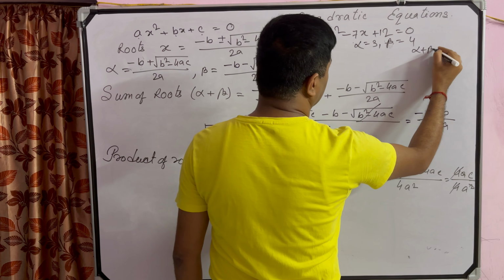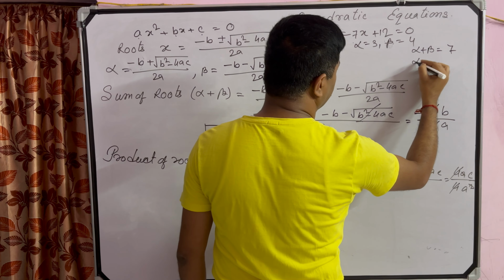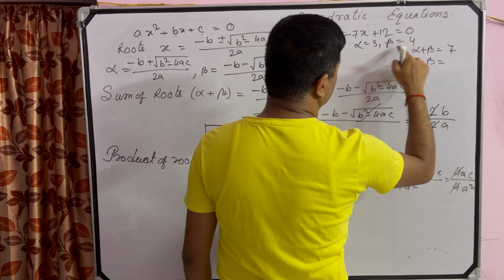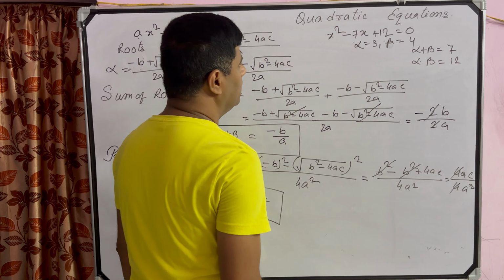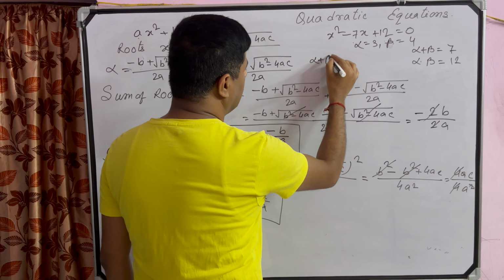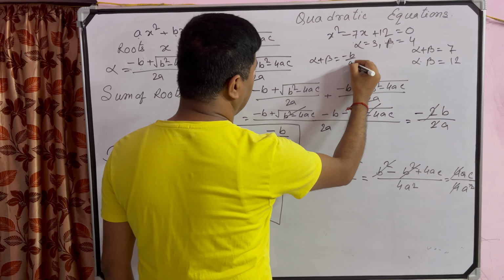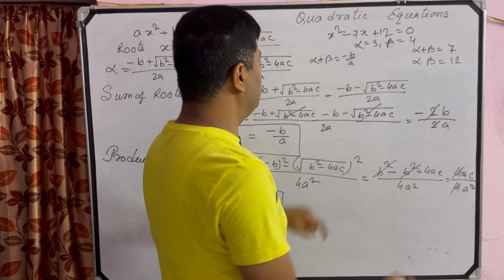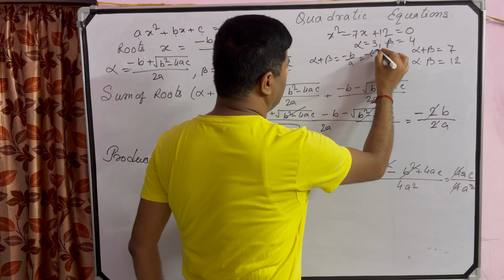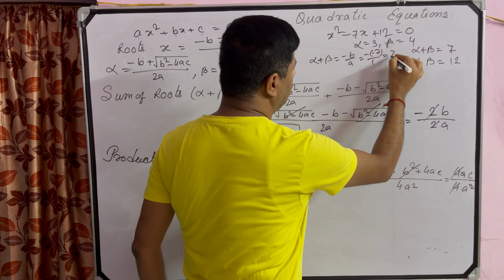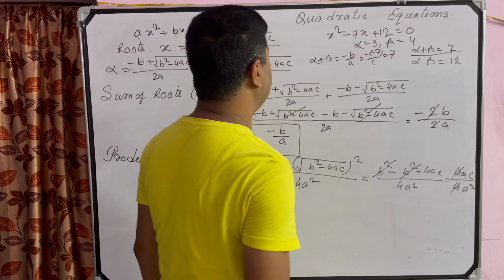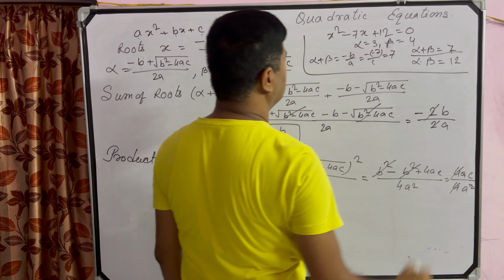Tell me. Alpha plus beta is 7 and alpha into beta is how much? 12, correct? Check it out. Alpha plus beta, if I apply this formula, that is minus b by a, and minus b by a is how much? Minus of minus 7 by 1, so it is plus 7, which is matching with this one, so it is correct. Am I right?